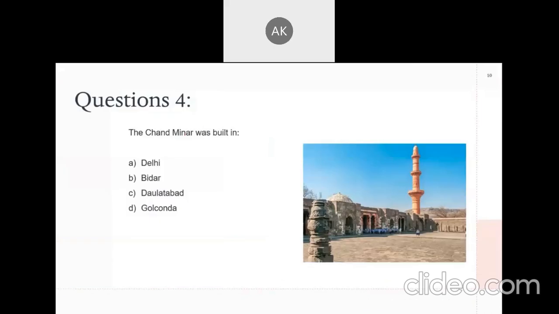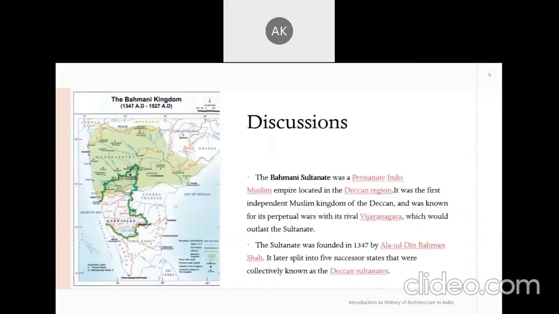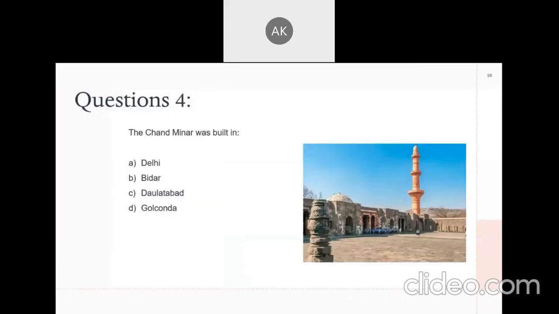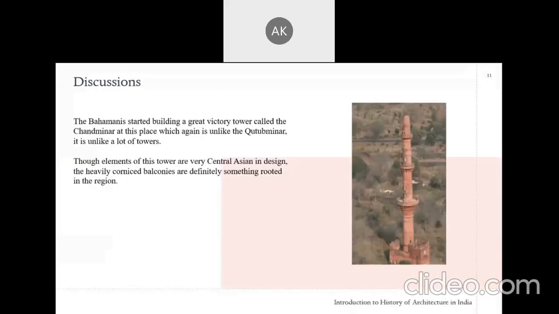The Bahmani kingdoms were in the Deccan area, consisting of parts of Maharashtra, Madhya Pradesh, Odisha, Karnataka, Andhra Pradesh, and the southern portion of Gujarat. Then the Chand Minar, situated at the corner of the Bidar mosque.